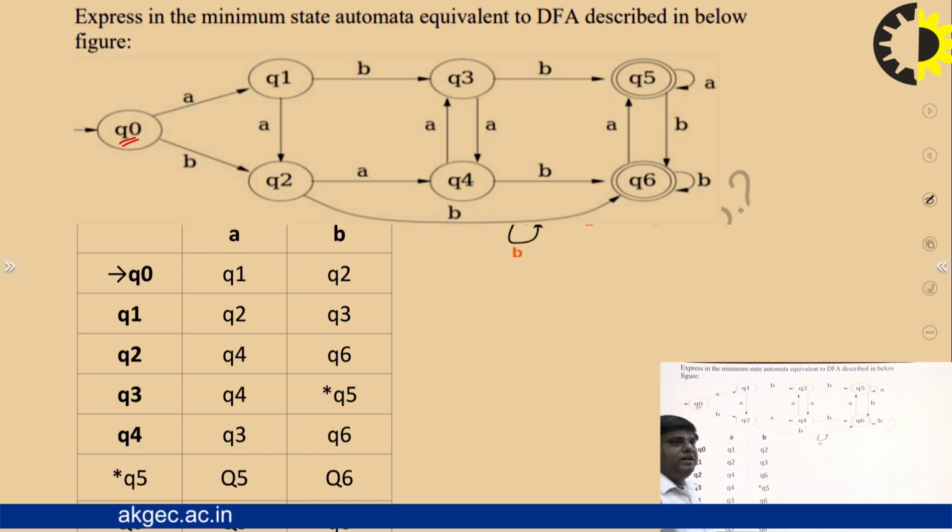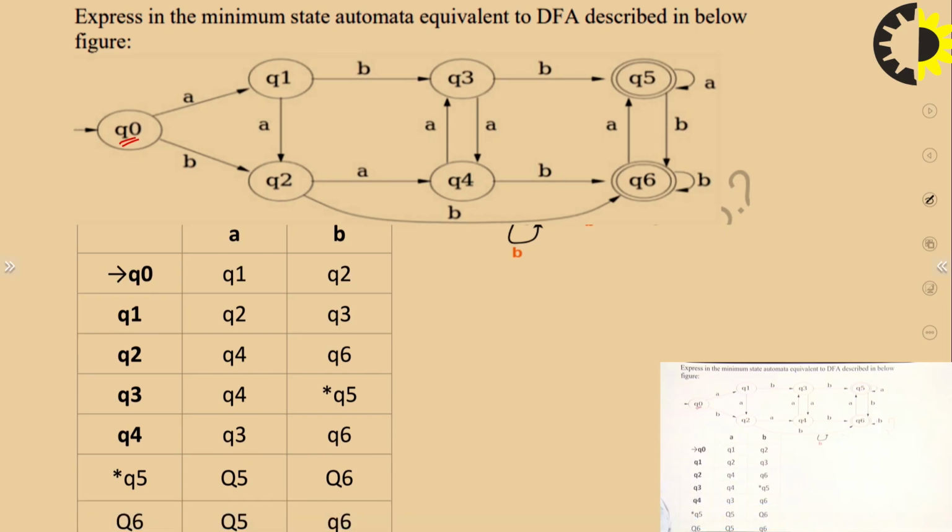When we minimize any finite automata, we follow a few steps. The first step is to draw the transition table of this finite automata. What is the transition table? On Q0, with A input, we move to Q1.